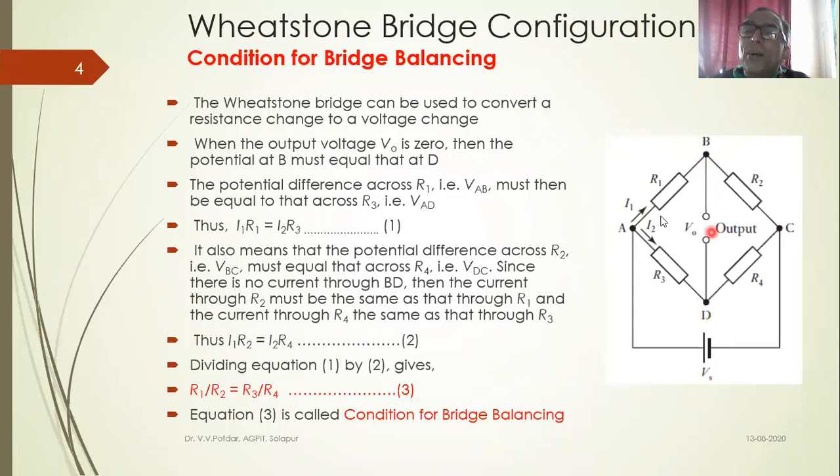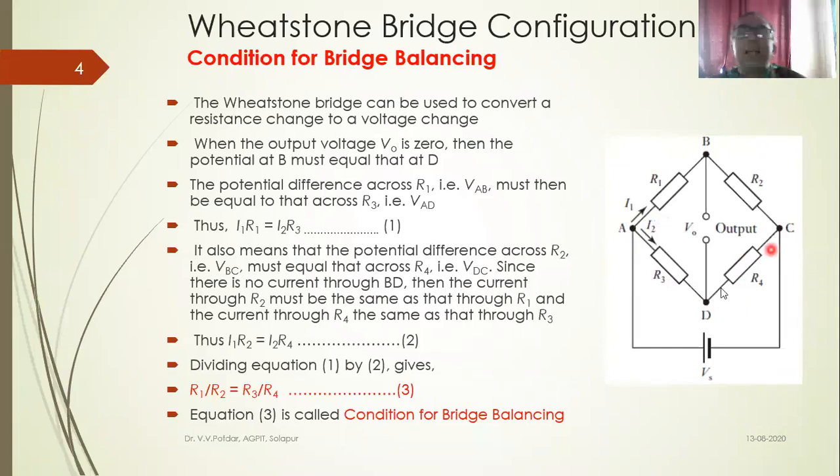So whatever current is flowing through R1, the same current will flow through R2 also, because the current is not flowing across B and D. Now, this is also same. Whatever current I2 is passing through R3, the same I2 will be passing through R4 as well.